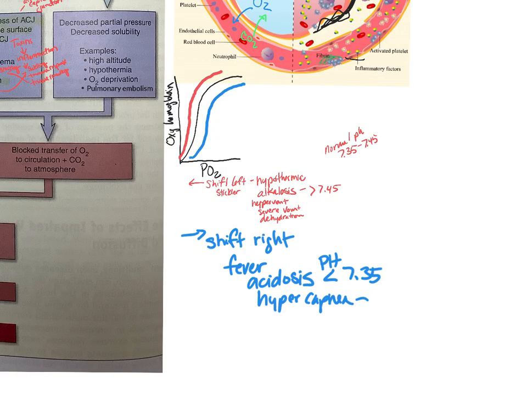And we can see this with hypercapnia. Do you guys know what hypercapnia is? That is high CO2 in the blood. Somebody who is exercising to the extreme, right? And that means that hemoglobin is going to be like, let go, let go, let go of that oxygen, right? Because the cells need it so badly.